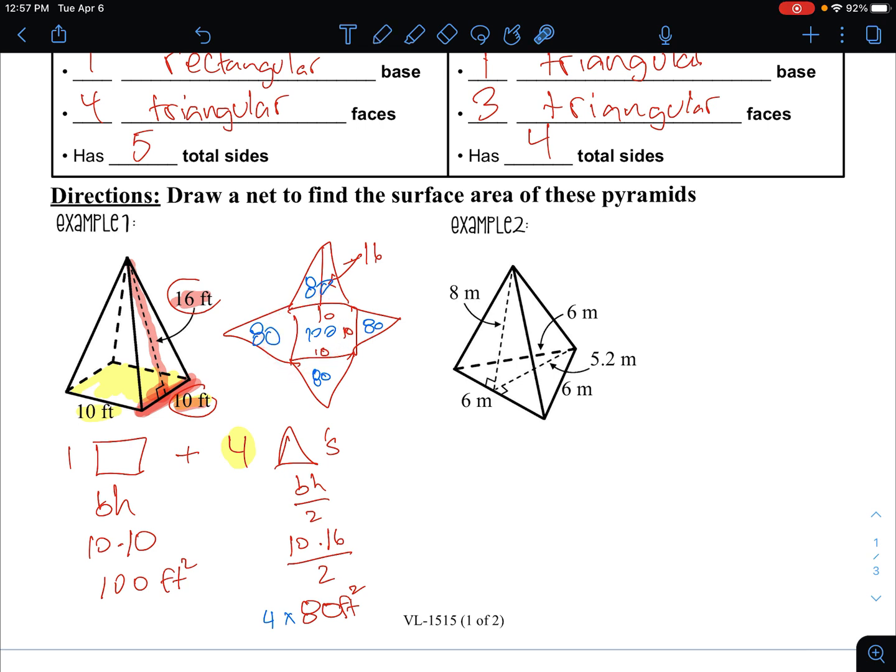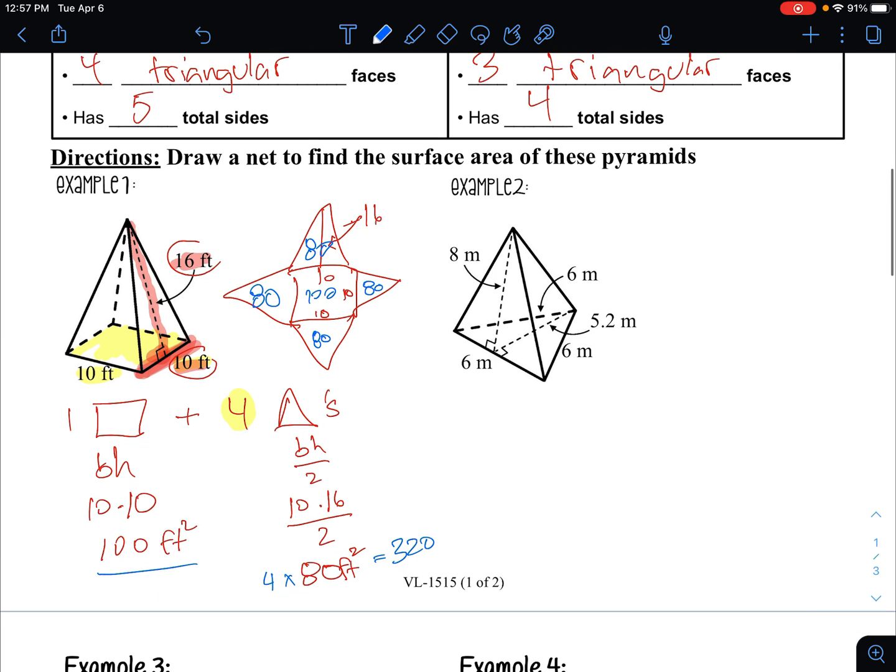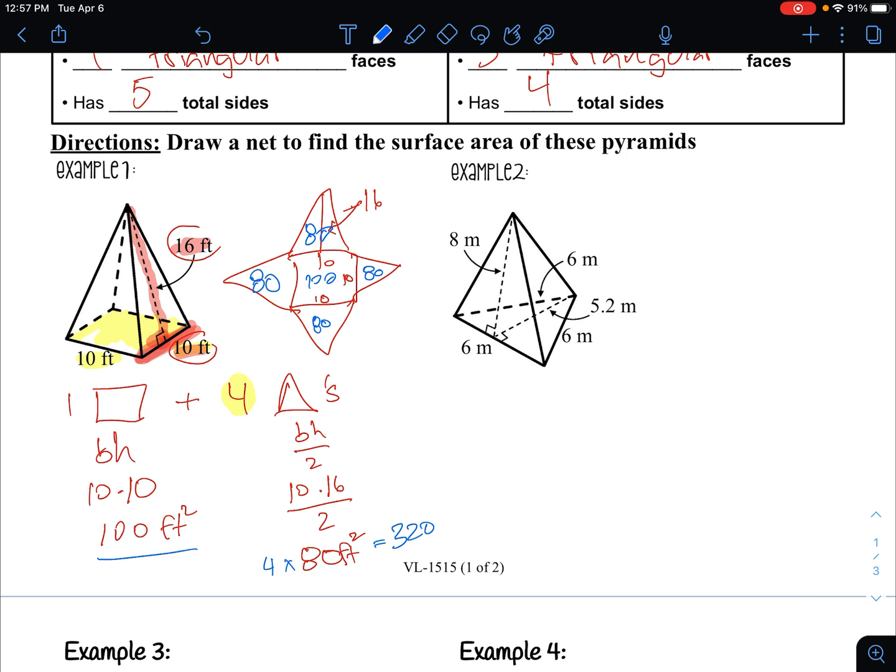Or you can figure out what 80 times 4 is, which is 8, 16, 24, 32, 320. So that's 320 feet squared. And you're going to add it to this right here, which is 100. So our answer, if we add it all together, should be a total of 420 feet squared.